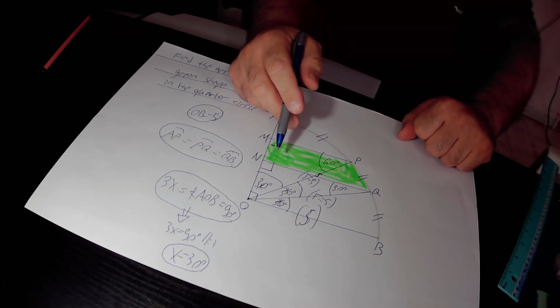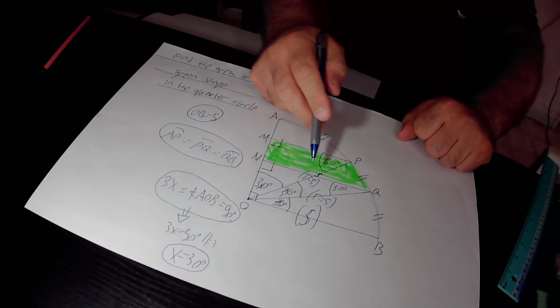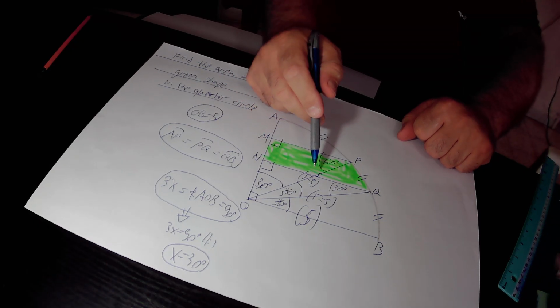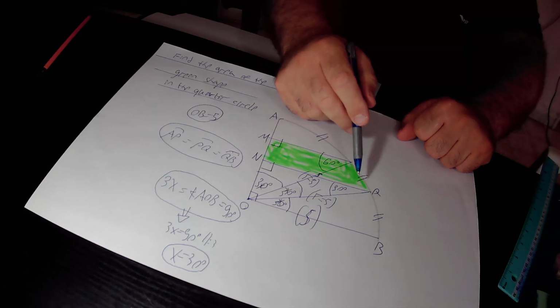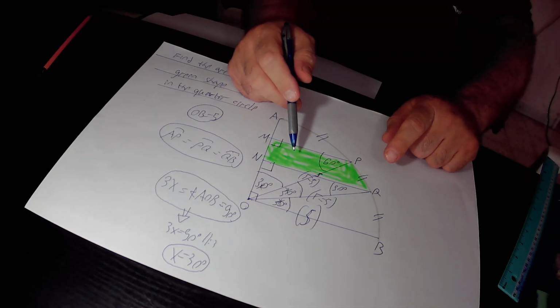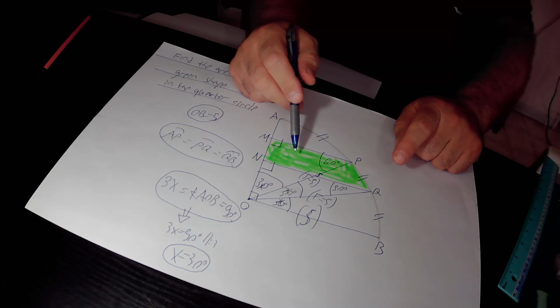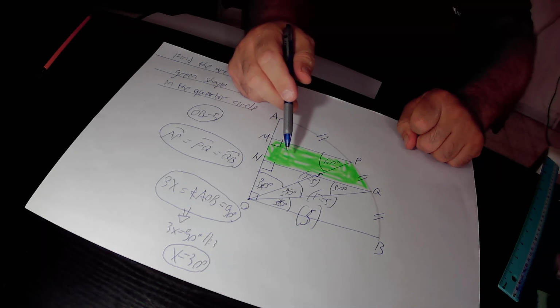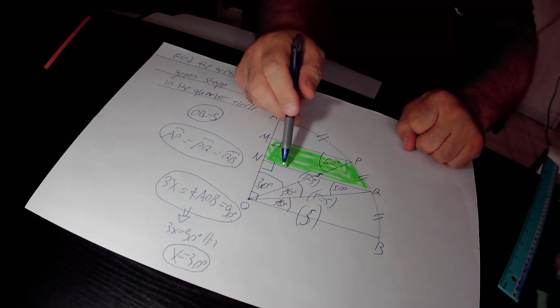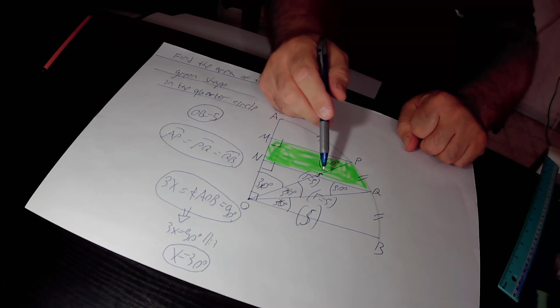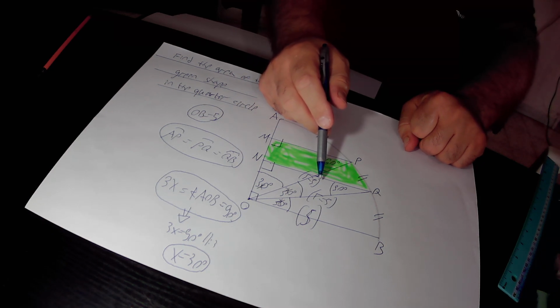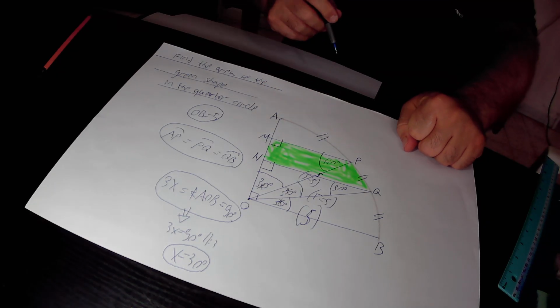It consists of this right triangle NSO, and it also consists of this triangle SOQ, and therefore the area of this right triangle NQO must be equal to the sum of the areas of the two components that it consists of. That is to say, it must be equal to the area of this right triangle NSO plus the area of this triangle QSO. So I write it down.